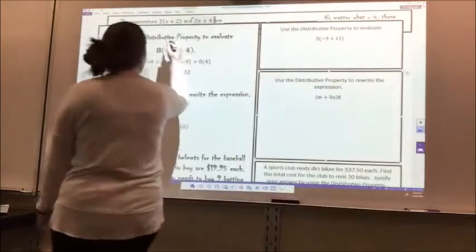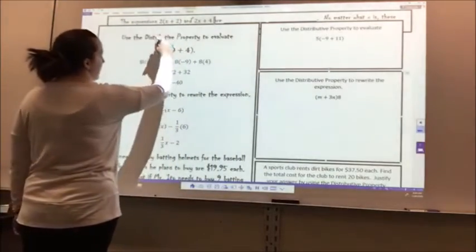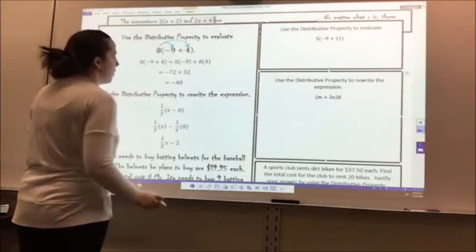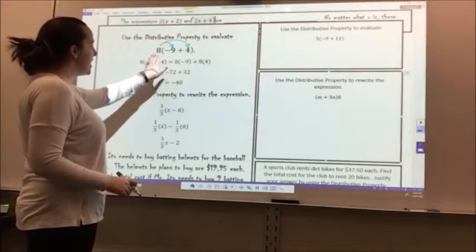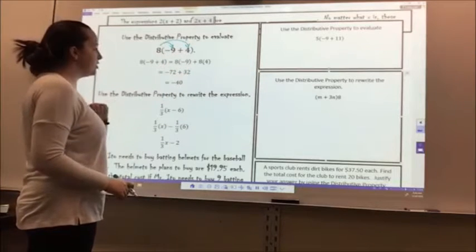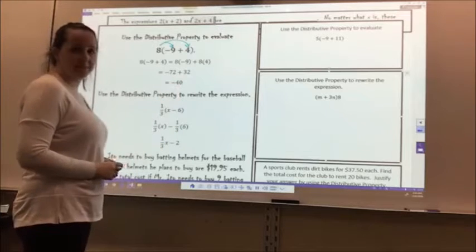So I'm taking the 8 and multiplying it by negative 9, and I'm taking the 8 and multiplying it by 4. So 8 times negative 9 gives me negative 72, and 8 times 4 gives me 32. Negative 72 plus 32 equals negative 40.